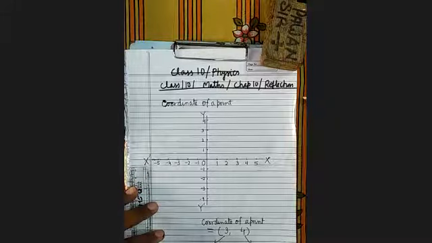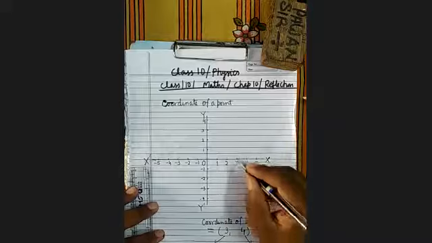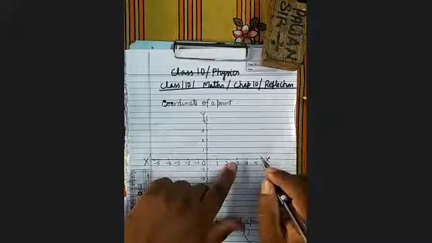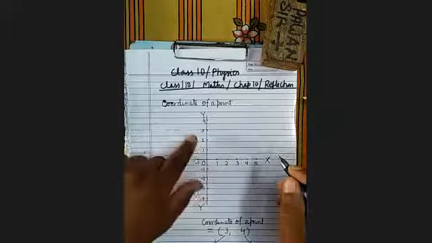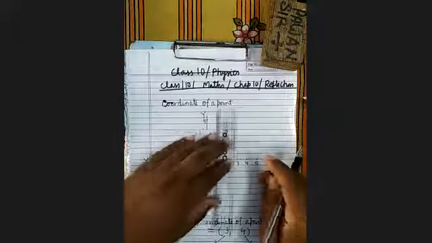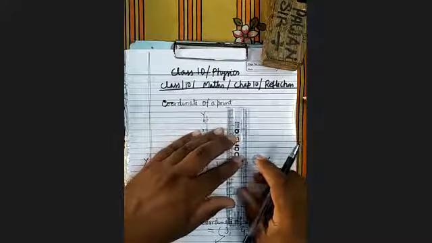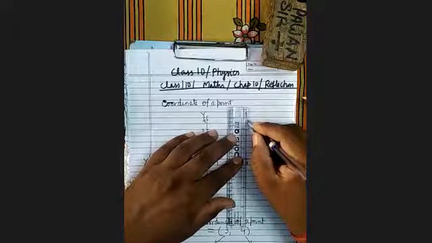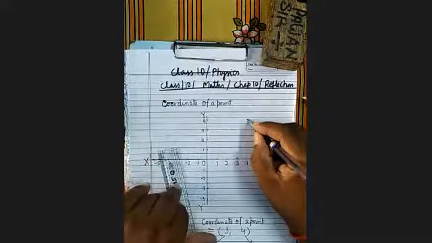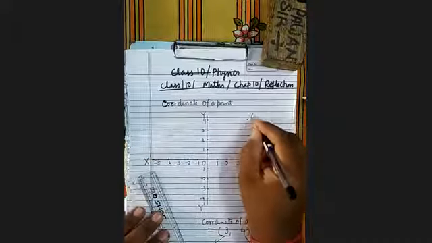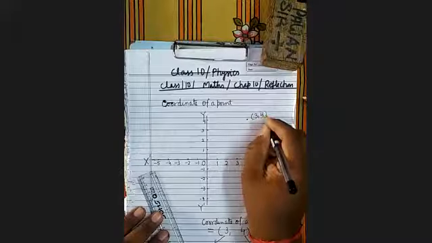Where will this point be? On the x-axis it is in front of 3, and on the y-axis it is in front of 4. Means where will be the position of the point? If you see here, it will be this. This point will be 3, 4. It's clear.